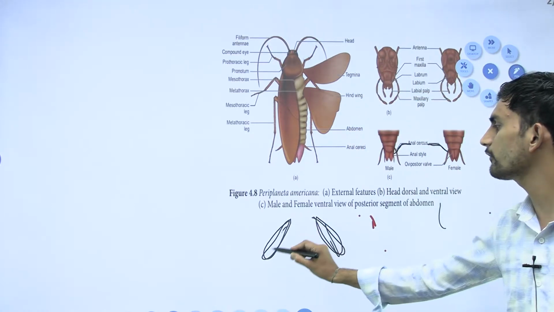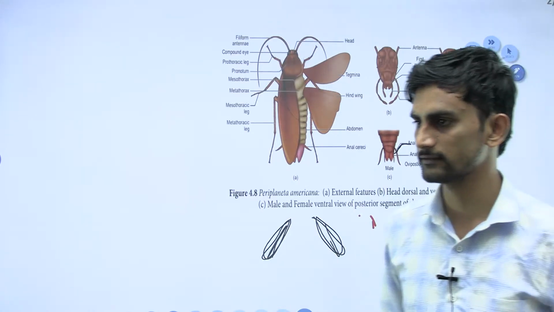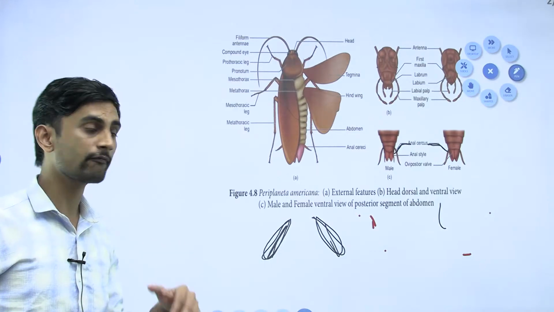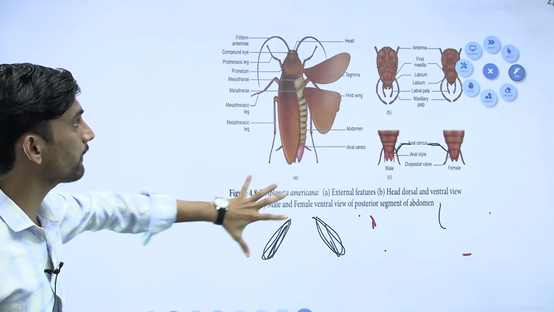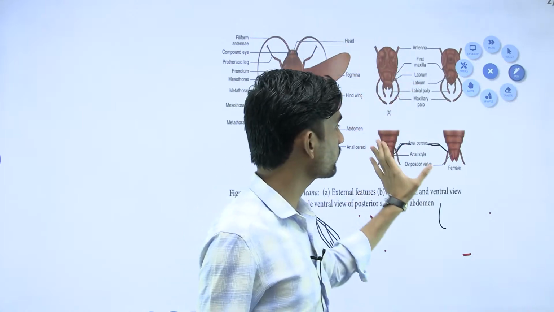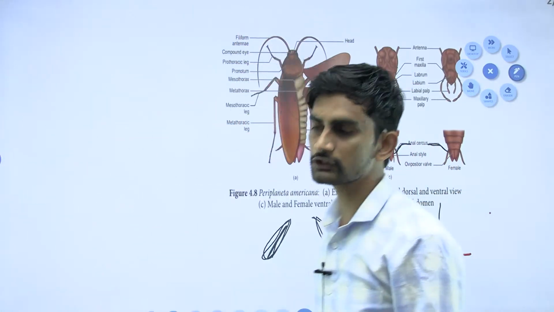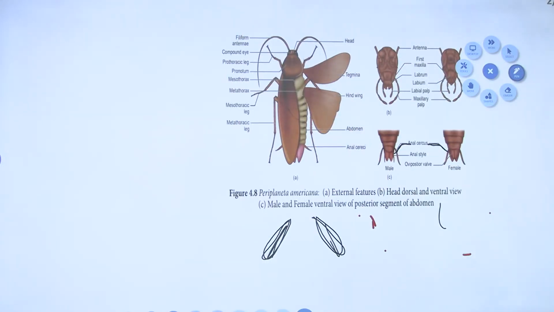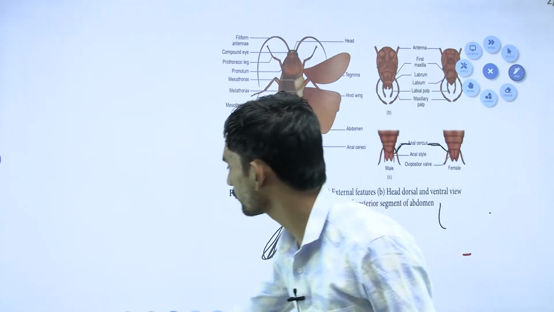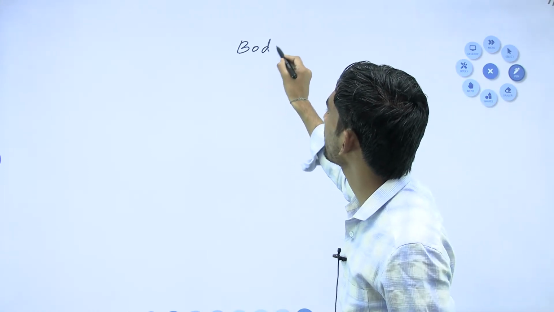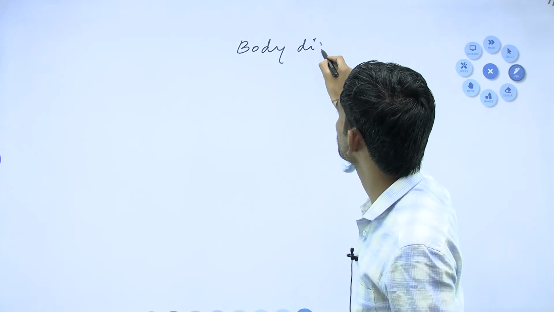These structures you will find commonly in both males and females, but you will not find anal styles in females, only in male organisms. This is the external morphology. You have to concentrate on how to distinguish male and female, followed by the common morphological features of these cockroaches. Another very important thing you should remember in this morphology: body divisions. You have to concentrate on the body divisions also.